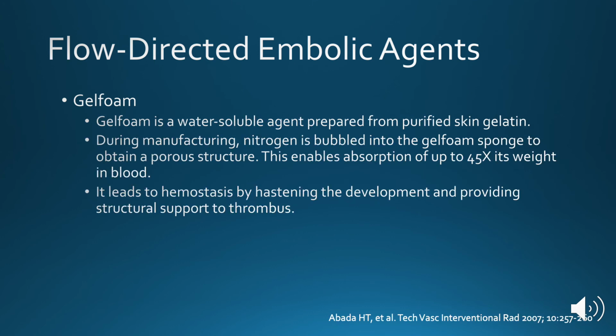Gelfoam is a water-soluble agent prepared from purified skin gelatin. During manufacturing, nitrogen is bubbled into the Gelfoam sponge to obtain a more porous structure, and this enables absorption of up to 45 times its weight in blood. It leads to hemostasis by hastening the development and providing structural support to clot that forms once it's in place within the vessel.